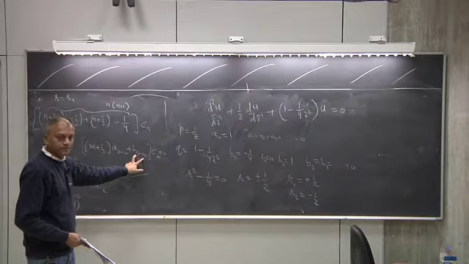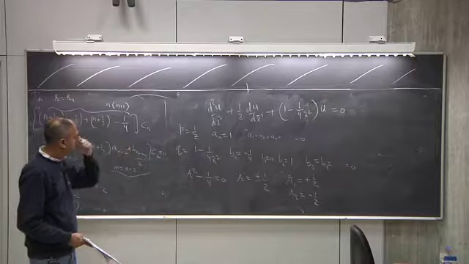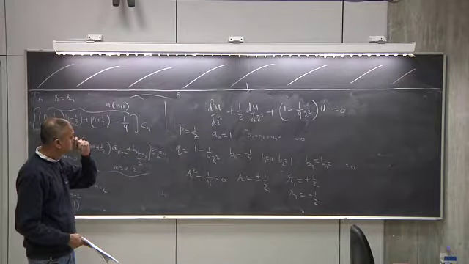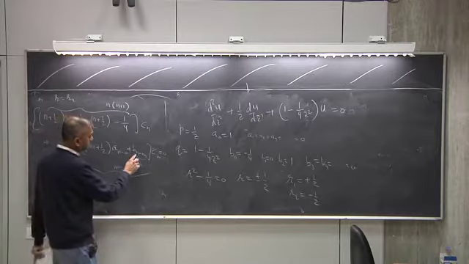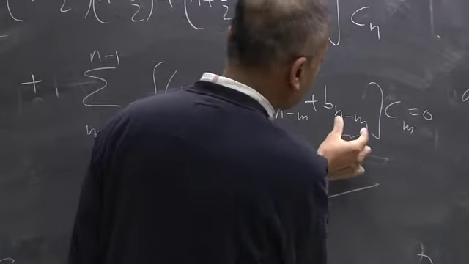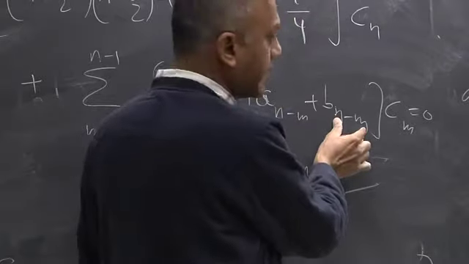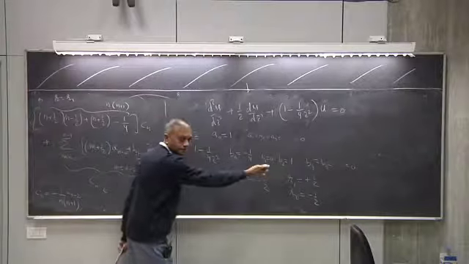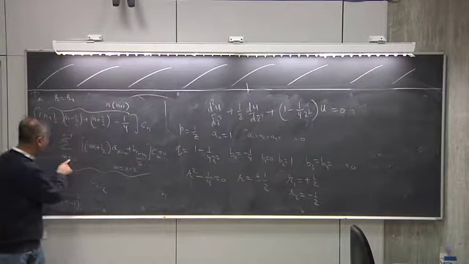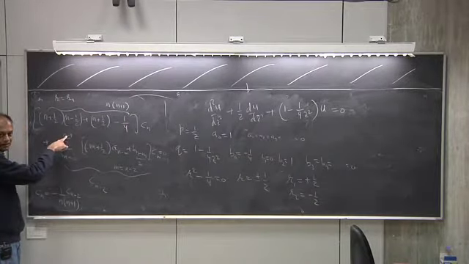So when can this be non-zero? This argument, this index n minus m, has to be either 0 or 2, right? That's the only possibility. But this cannot be 0 because the range of the sum is from m equal to 0 up to n minus 1, right?